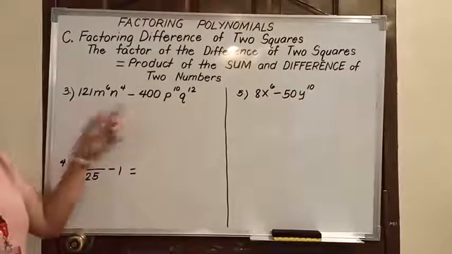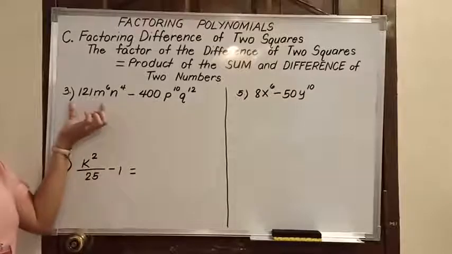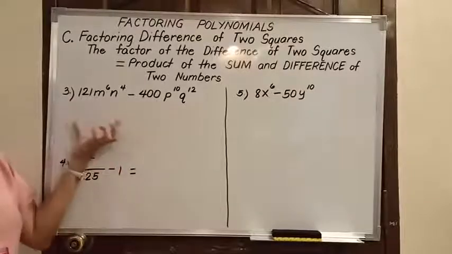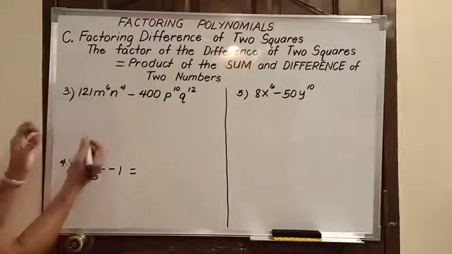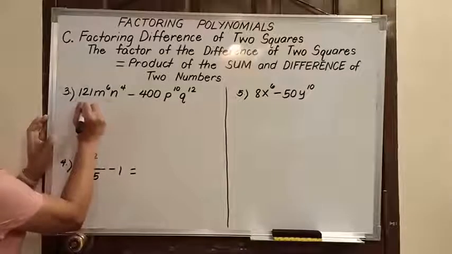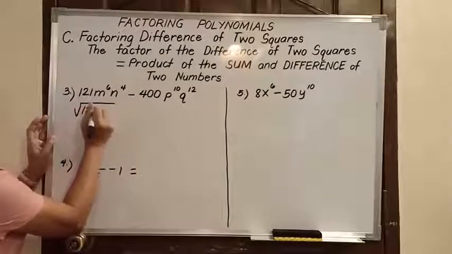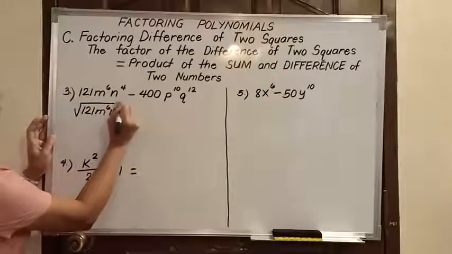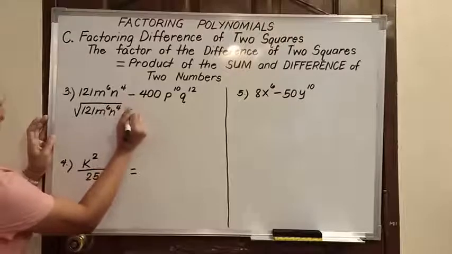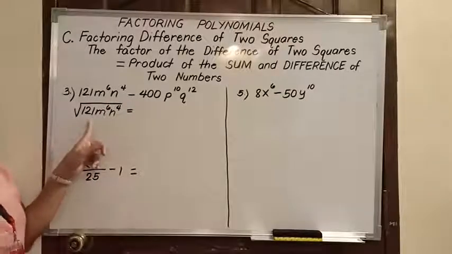We have the difference of two squares. Both terms are perfect squares. So let us solve for the square root of the first term. And what is the square root of 121 m to the 6th n to the 4th power? What is the square root of 121? The square root is 11.